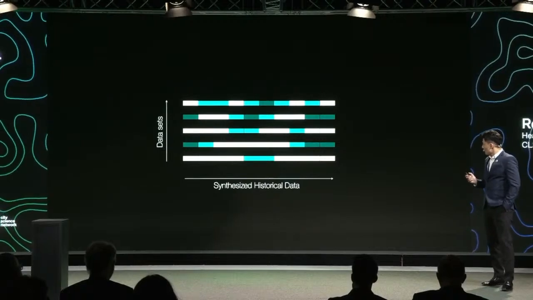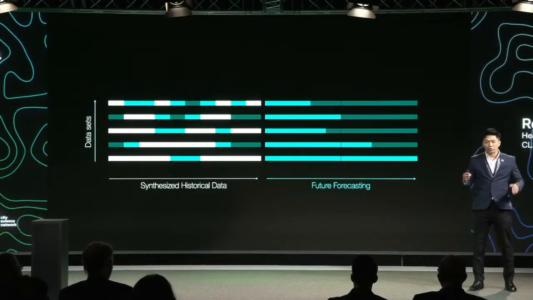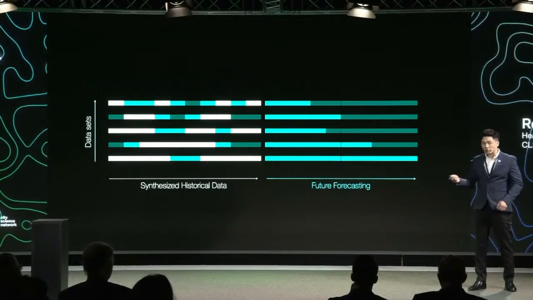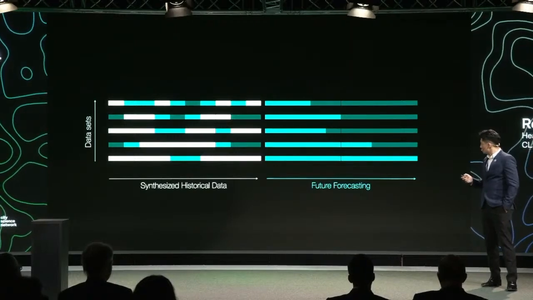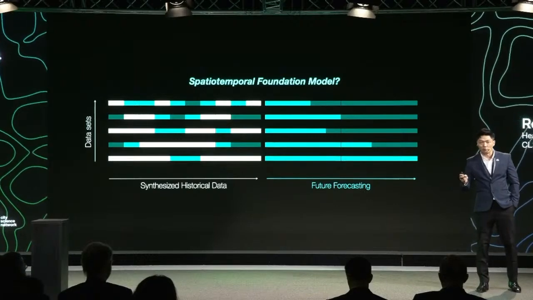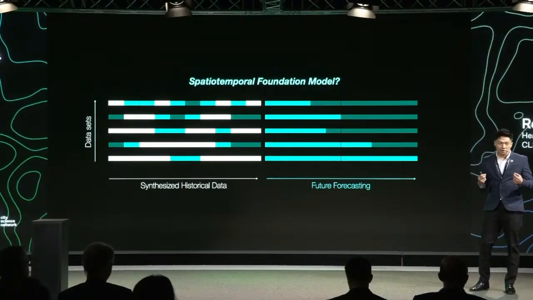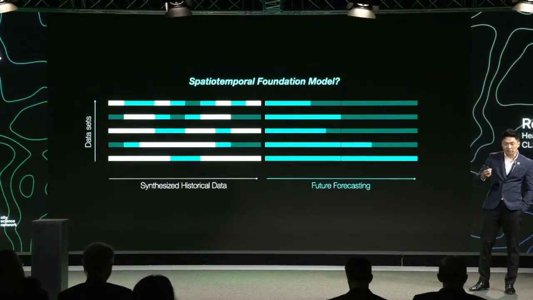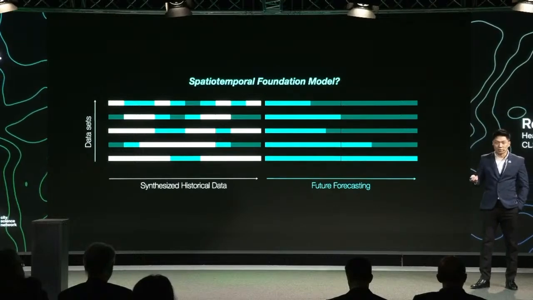With that, we have a partly synthesized historical dataset, but with better continuity, then we could forecast the future with higher confidence. This essentially is a basis of marching forward to a spatial temporal foundation model, similar to a large language model. It's a general model that tells us how a city operates, the complexity of a city, and hopefully answers some of the questions we have.